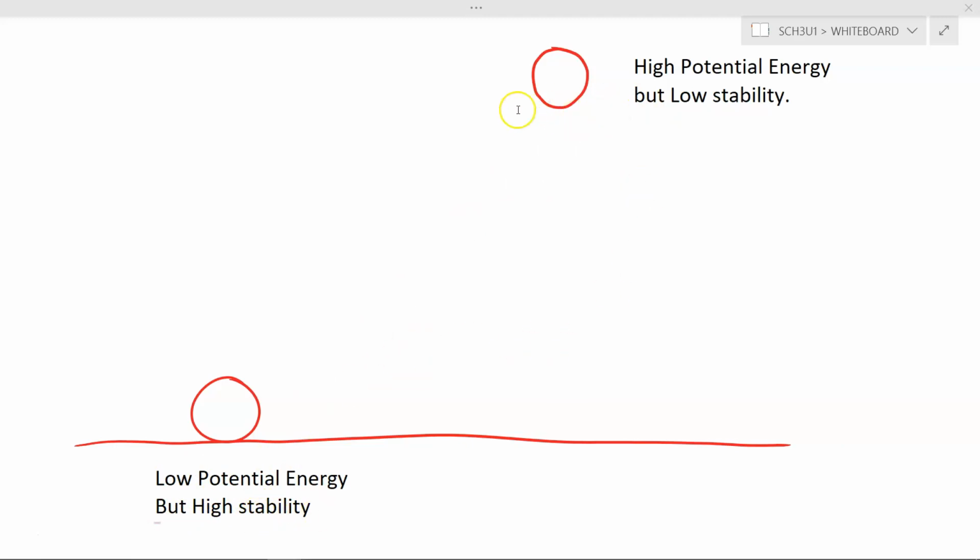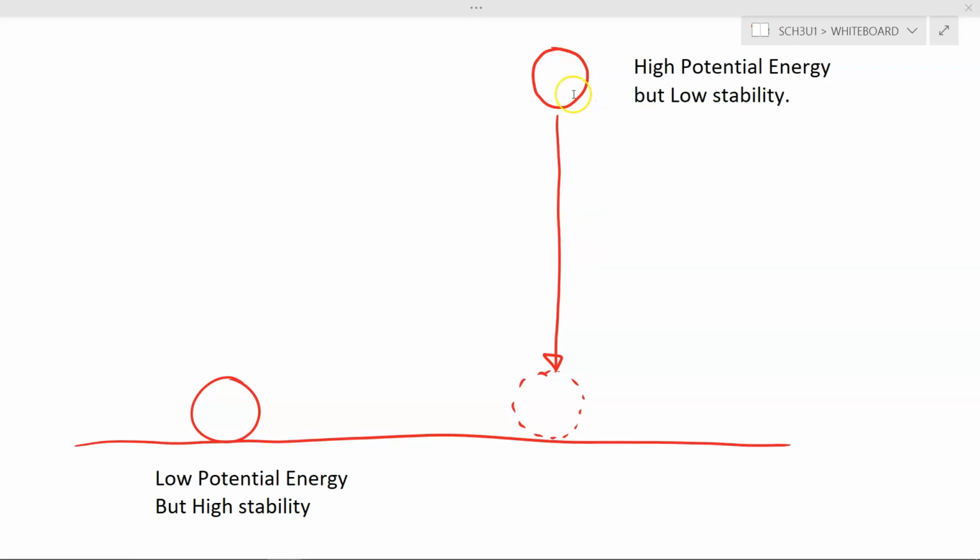Now, how can this bowling ball become more stable? It needs to fall down to a more stable state. But that would mean it has to have low energy. But how does it go from high energy to low energy? Well, according to the law of conservation of energy, you can't destroy energy, you can't create energy, but you can convert it into a different form.